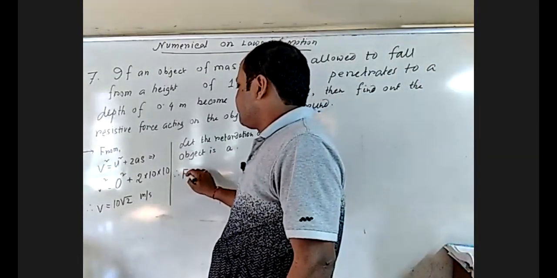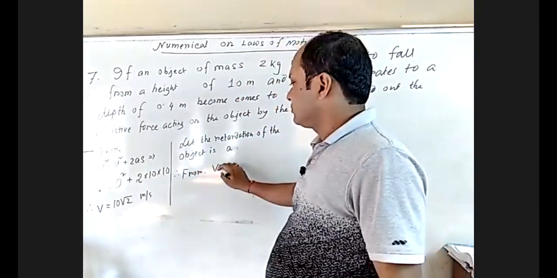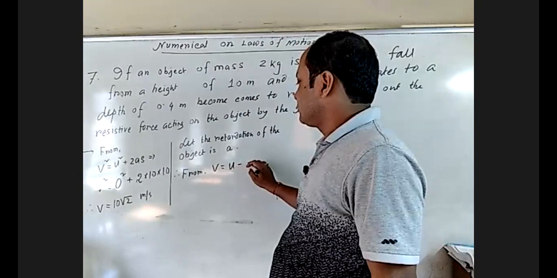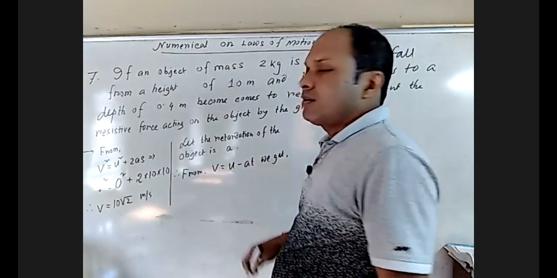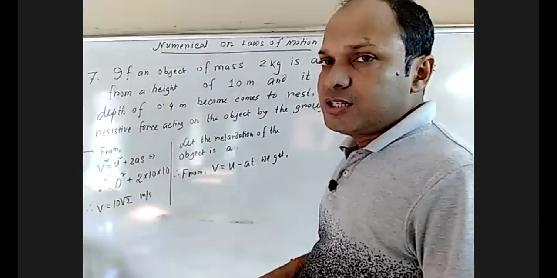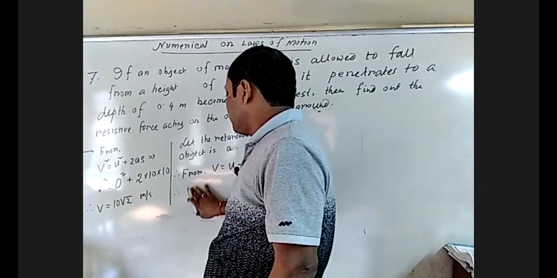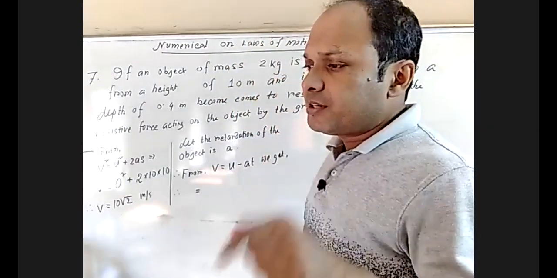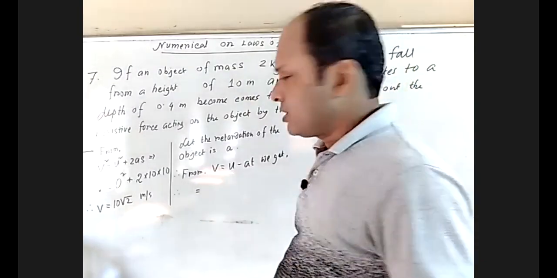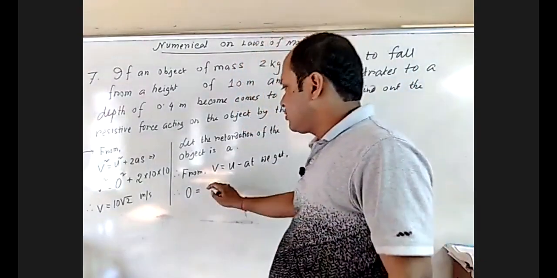Therefore, from v equal to u minus at, we get v will be 0, because after penetrating 0.4 meter it will come to rest. So v will be 0. U is 10 root 2.